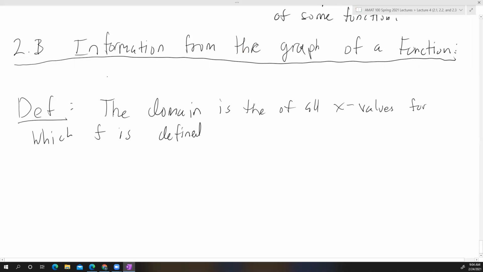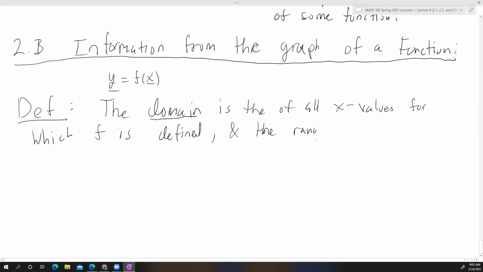So first of all, I should say we have a function y is equal to f of x. So f is this rule. It takes an input in x, and it gives you an output of a y value. And this is what enables us to plot these functions, that you compare these numbers together. You have the x value and its corresponding f of x or y value. So the domain of a function f is the set of all values for which f is defined, for which the rule makes sense.